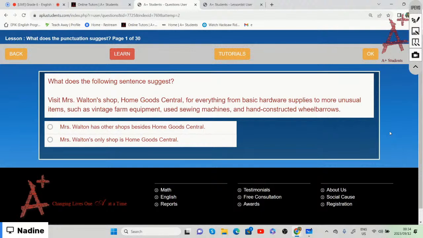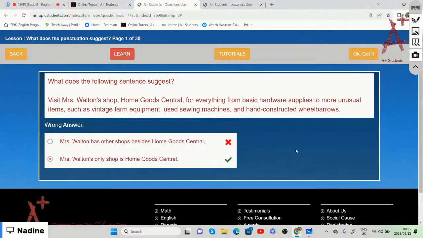So especially where she adds the Home Goods Central, it gives us the idea that she has other shops besides Home Goods Central.